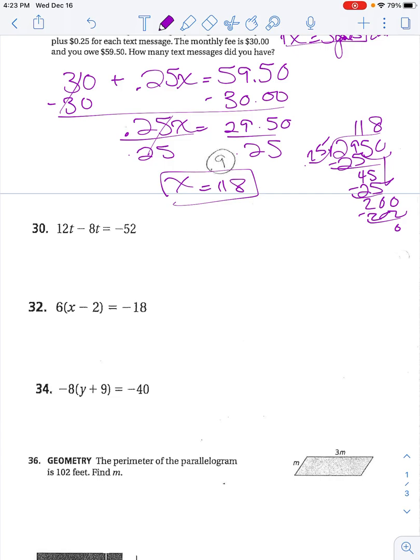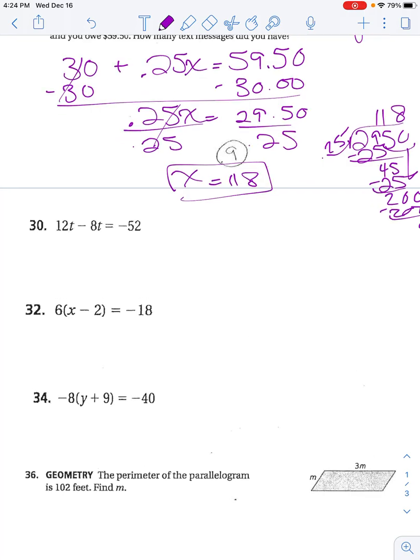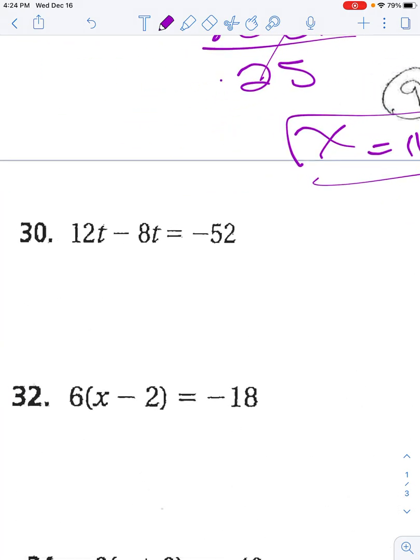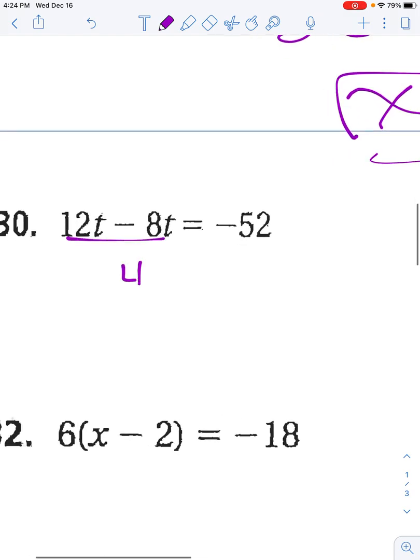Looking at number 30. It says 12t minus 8t equals negative 52. Guys, think back earlier in the chapter, we can combine like terms. 12t minus 8t, we can combine those.